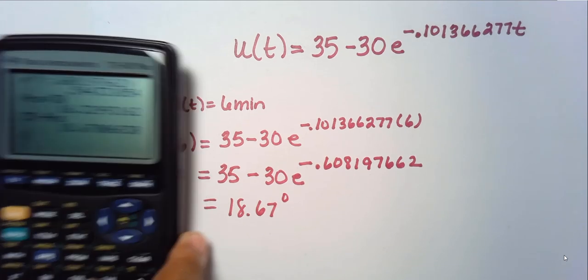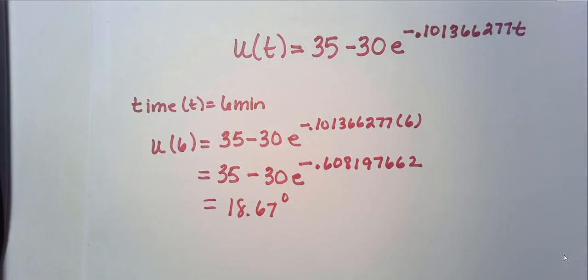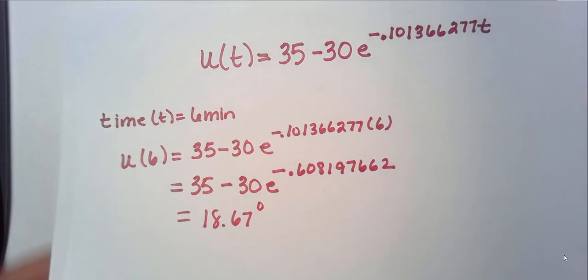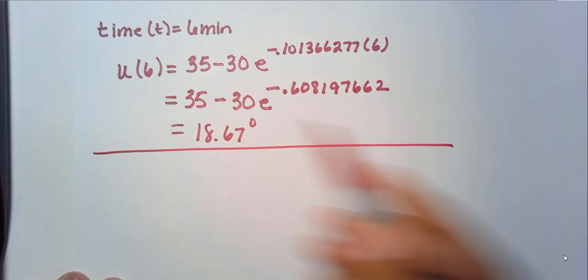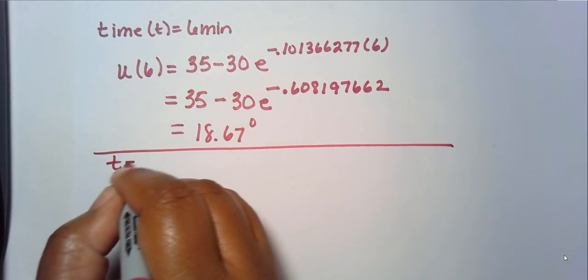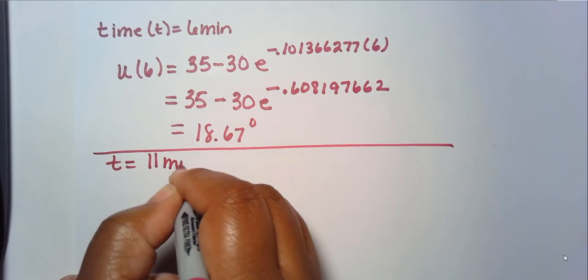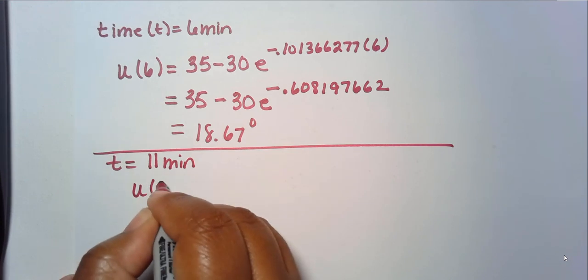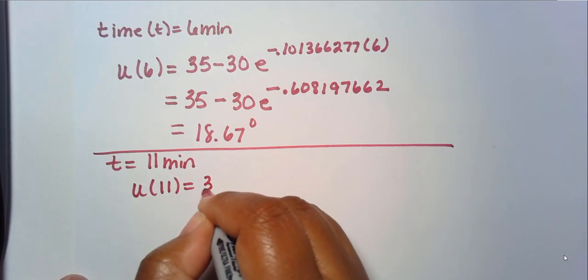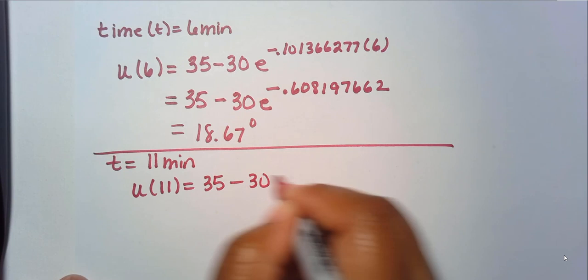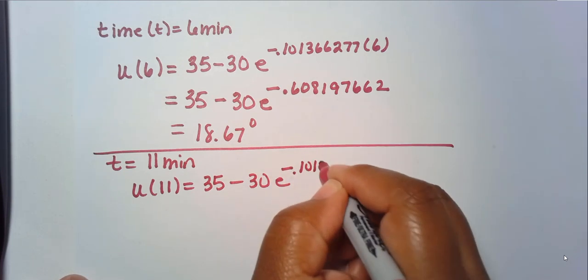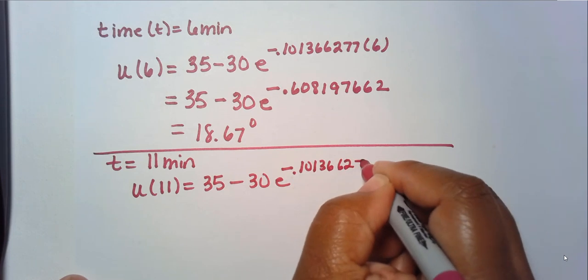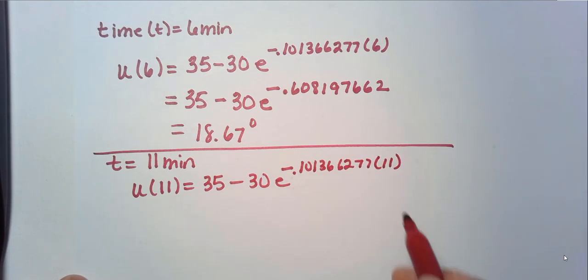Now we're going to do the same thing for 11 minutes. We substitute 11 in for t. We have U of 11 is equal to 35 minus 30 e to the negative 0.101366277 times 11.